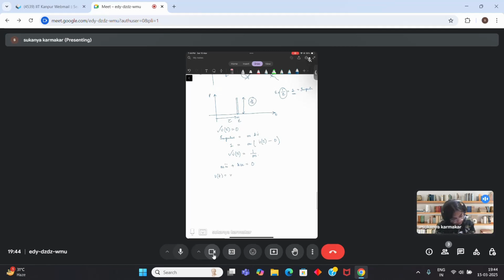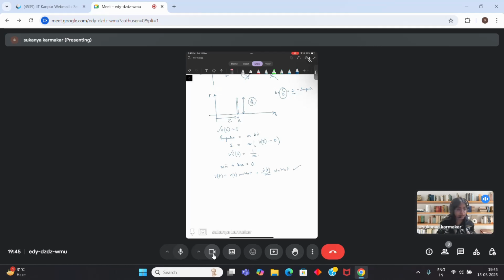It will be u0 cos of omega n t plus u dot 0 by omega n sine of omega n t. This solution is fine, this we had done. We were trying to find the homogeneous solution. We assumed the solution would be e to the power lambda t, and then we had found this solution.